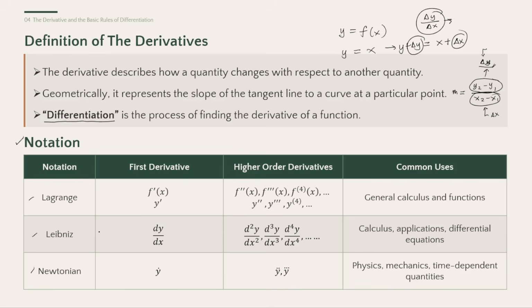These are the three types of notation that we use in calculus, but we mainly use Lagrange and Leibniz. Newtonian notation is used in physics, but in today's reference books it is very rare to see this notation.